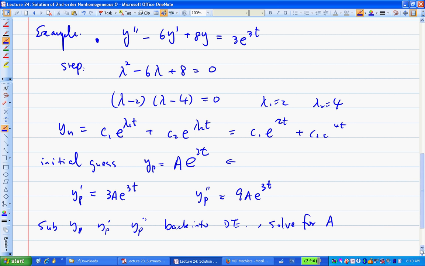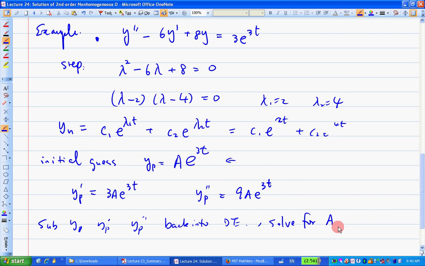Let's see if we can solve this one here. If I try to solve for A, let's see what happens. I'm going to sub this one over here, this here, that over there. So what do I get?